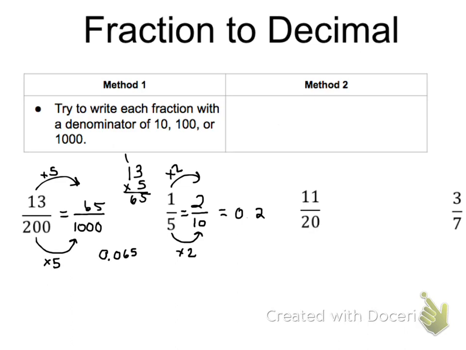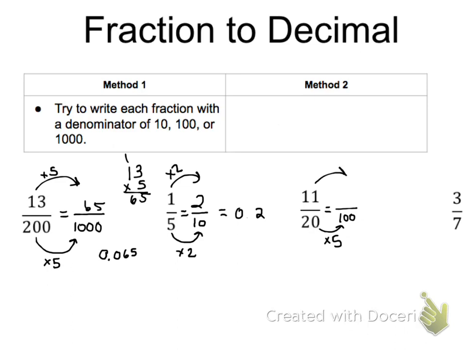Okay, let's look at 11/20. I can't go to 10 easily, but I could go to 100 easily. So let's rewrite this as a fraction with a denominator of 100. How do I get from 20 to 100? Times 5. If you're having a hard time with that, think what's 100 divided by 20, or in this case, it's really nice to think what's 10 divided by 2.